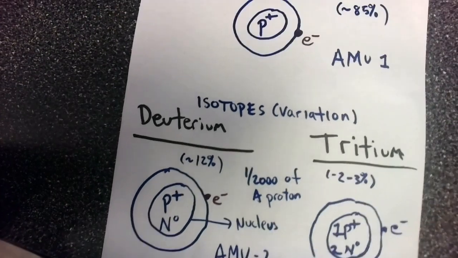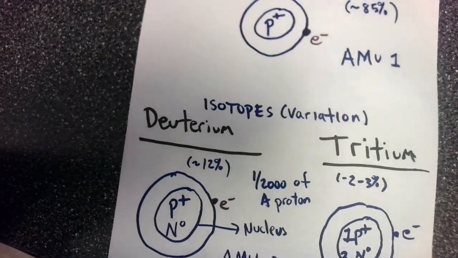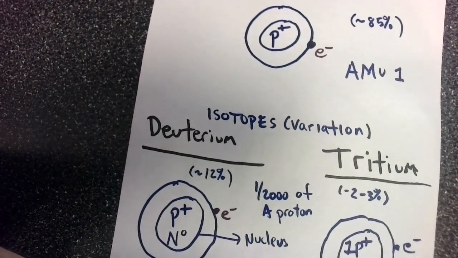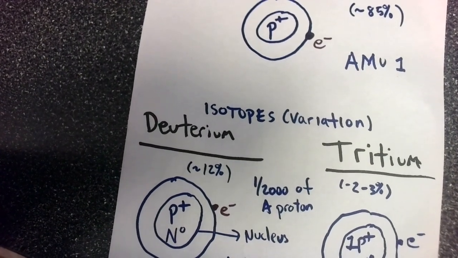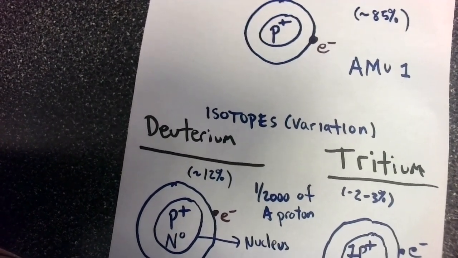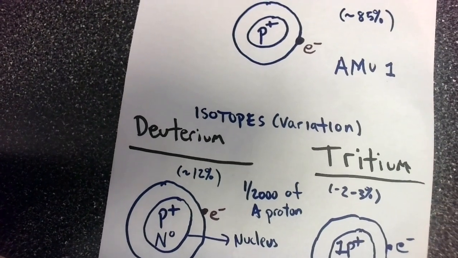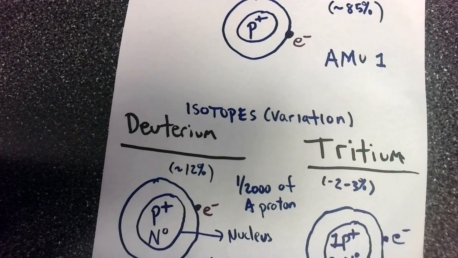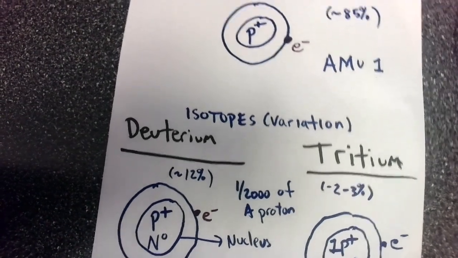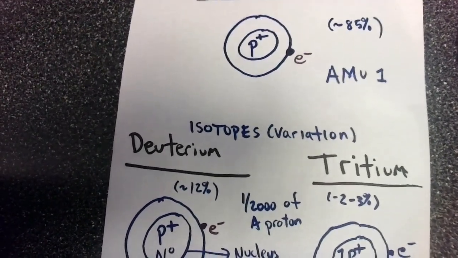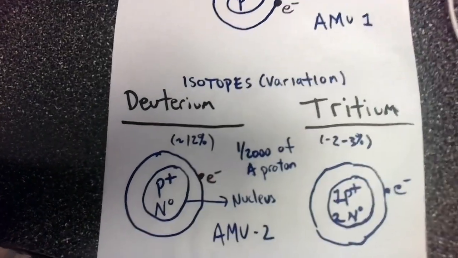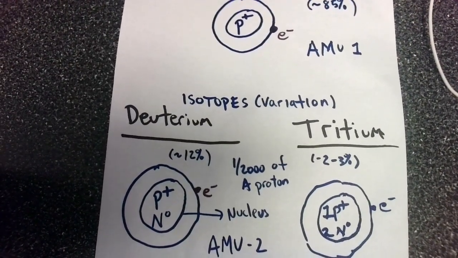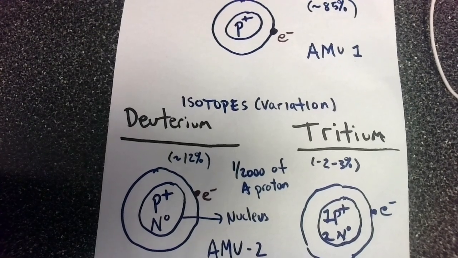And electrons come and go depending upon how the element bonds to another atom. So we categorize the atom by its number of protons. So there's no such thing as a hydrogen with 2 protons. We would just call that helium, because helium is the atom that has 2 protons. So there you have it.